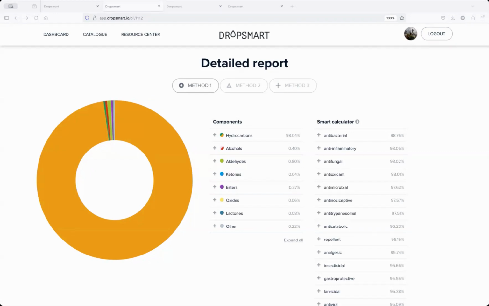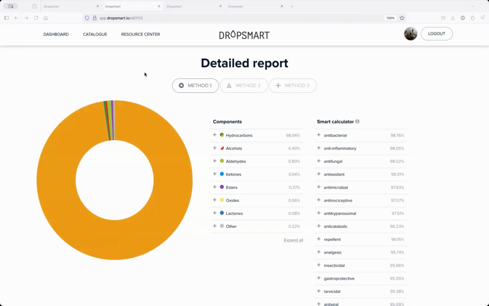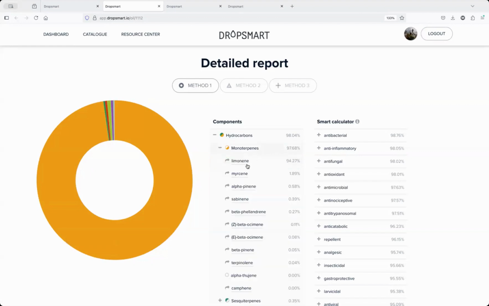In the last lesson, we did this particular oil. Did you guess what it is? First, I'm going to show you what it is that we did. So we looked at this oil, and the reason I chose it for the very first one is because it is so simple. It has a lot of monoterpenes, over 95%, and is particularly rich in limonene.